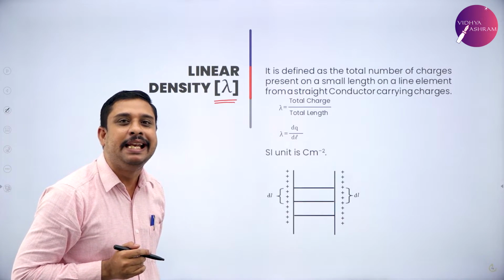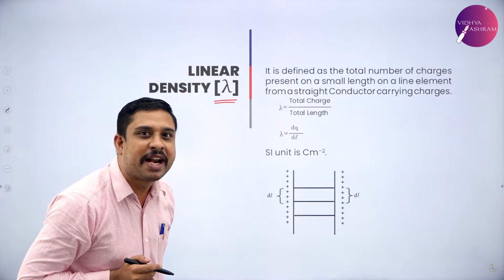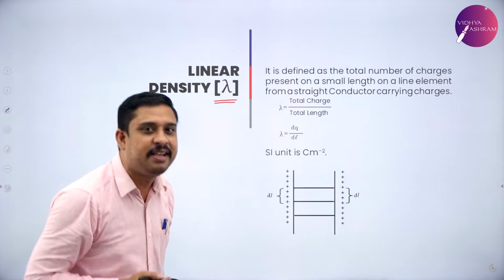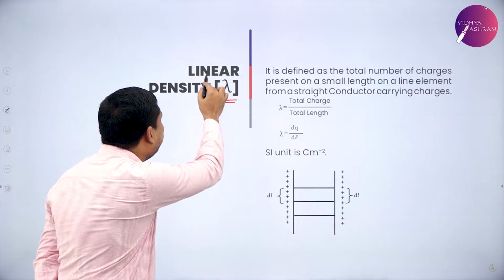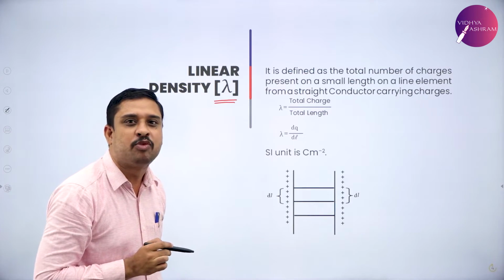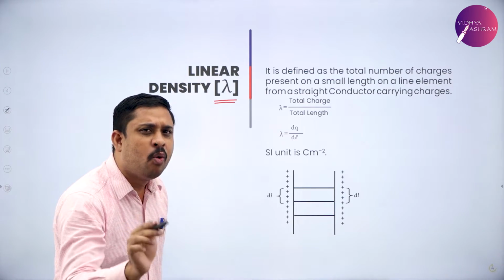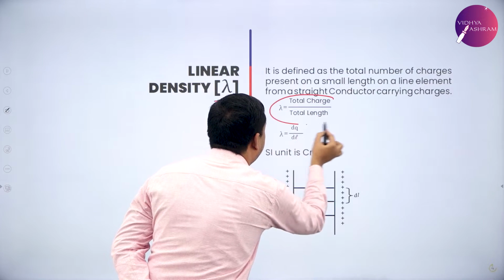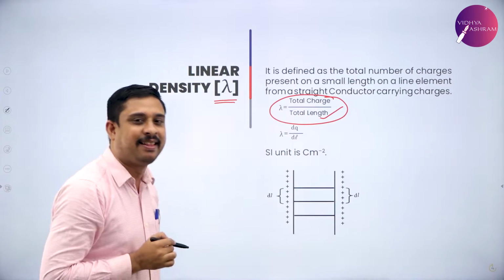Wherever I need to apply Gauss law with reference to straight conductors, linear conductors, my definition of linear density comes into the picture. Very simple. What is lambda? What is linear density? It is nothing but total charge by total length.